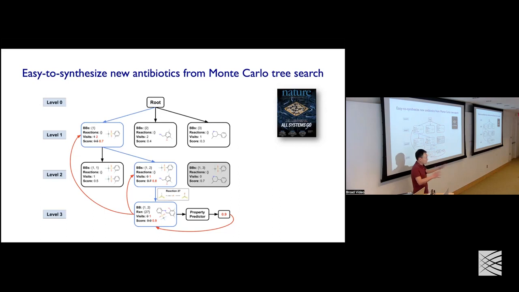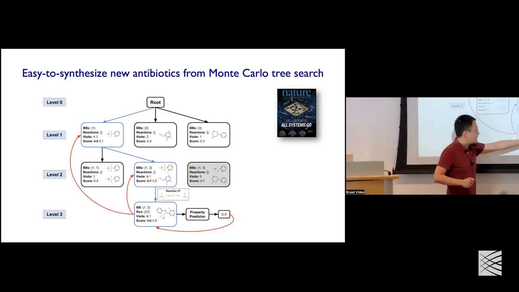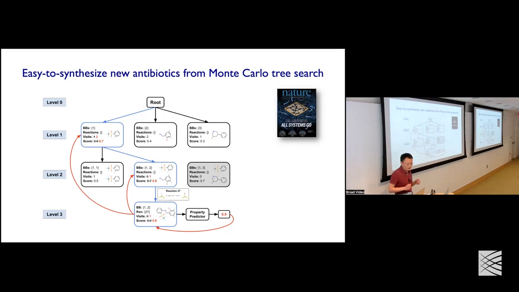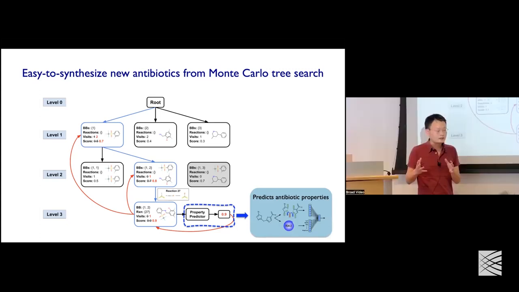Of course, this is still an astronomically large search space, so we still need ways to steer and guide the AI algorithm. We guide this through another AI model that we call a property predictor. Think of that as another classifier or discriminator.